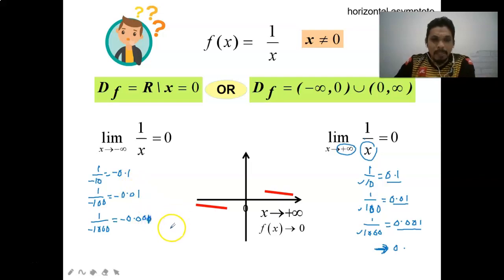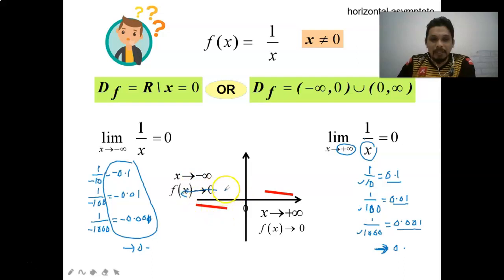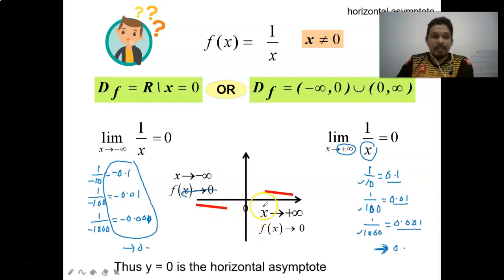So negative 0.1, negative 0.01, negative 0.001, and so on. Okay, so the pattern of this is also approaching 0 from the left side. And when x approaching negative infinity, when x is getting smaller to the negative side, then f(x) approaching 0. Thus, y equal to 0 is the horizontal asymptote.